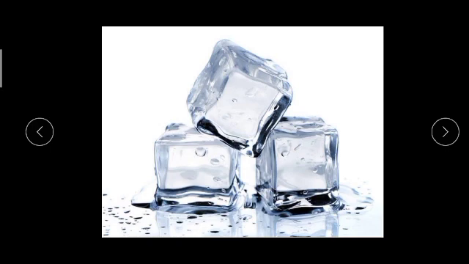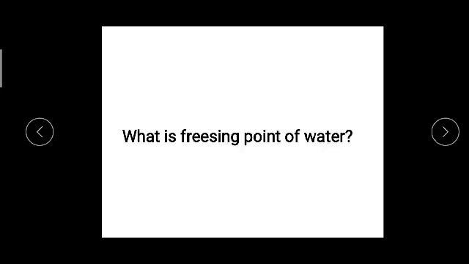What do you see here? Yes, it is ice, pieces of ice, and how do we make it? We make it by keeping water where it freezes. Okay, so this process we call freezing.